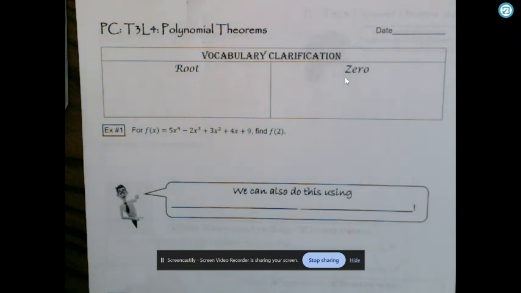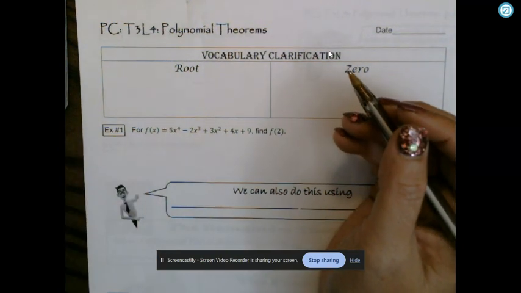So what we're going to do today is test 3, lesson 4 on polynomial theorems. Basically what we're talking about most of the day is roots and zeros.